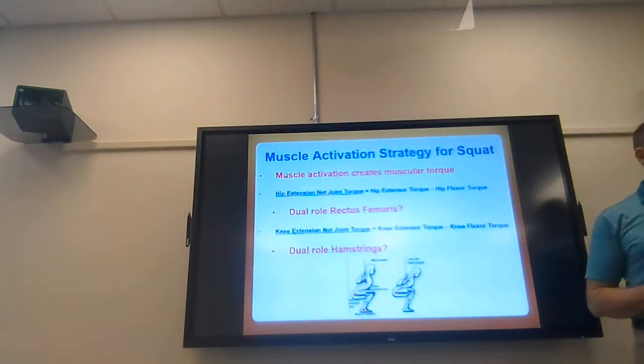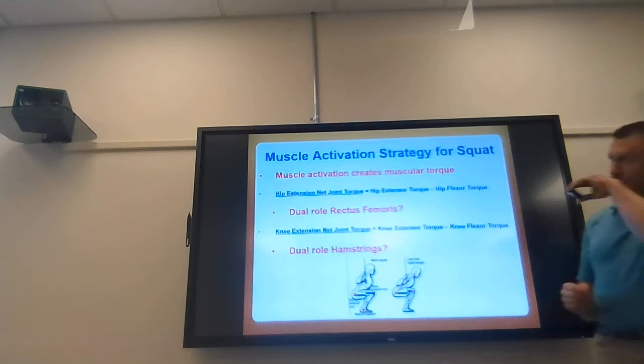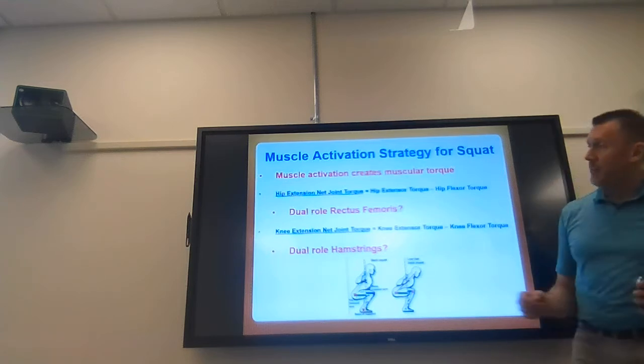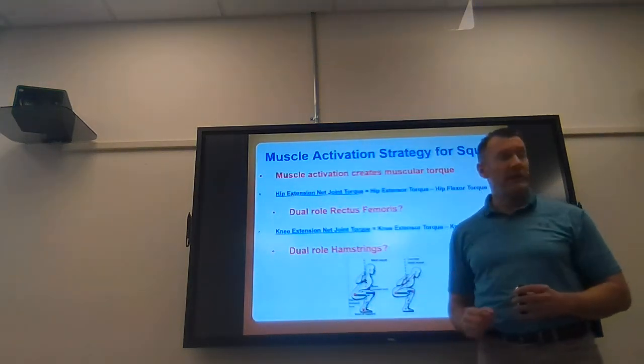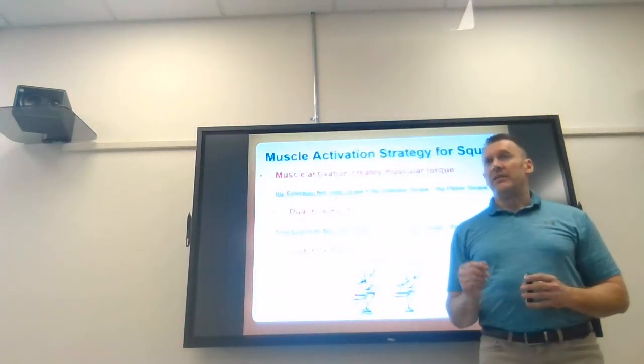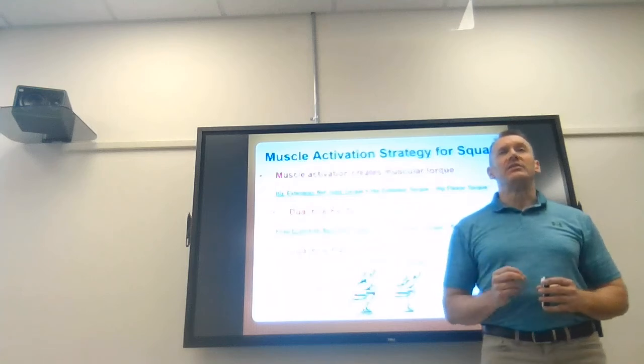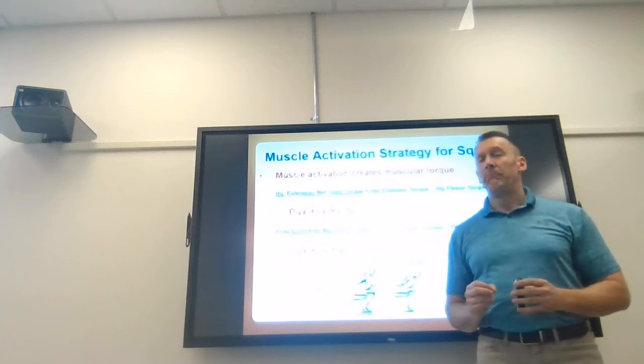torque. So what happens is during a squat, because the nervous system deactivates the rectus femoris, the primary extensors of the knee joint are the vasti muscles.